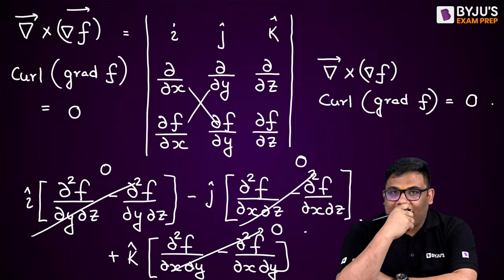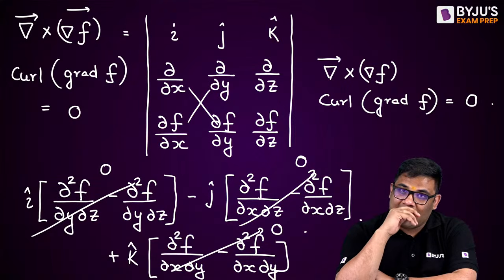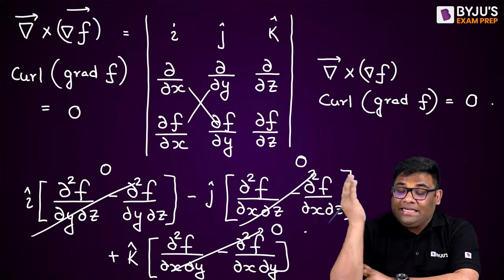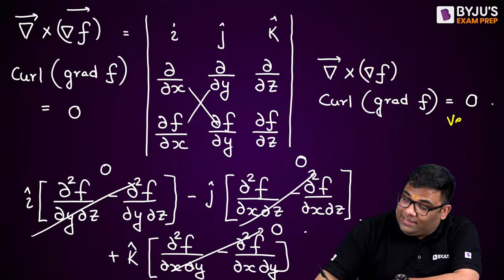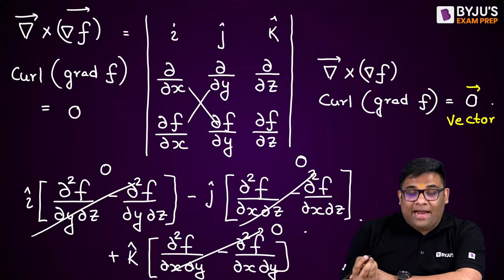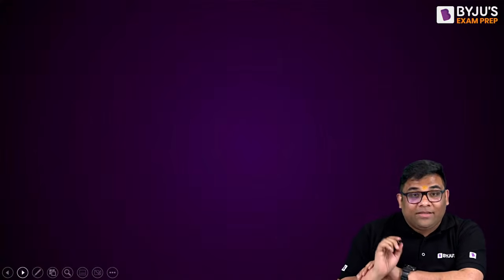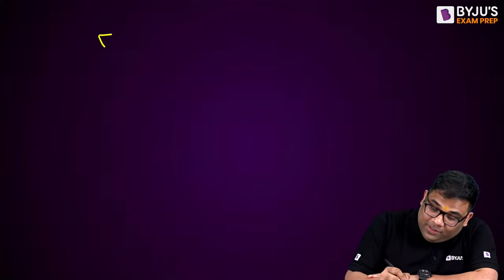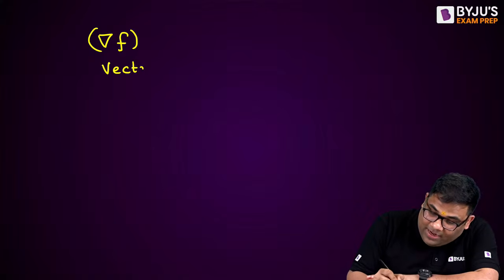That 0 is a vector or is a scalar? It's a vector. Why? Because gradient of F will give me a vector.